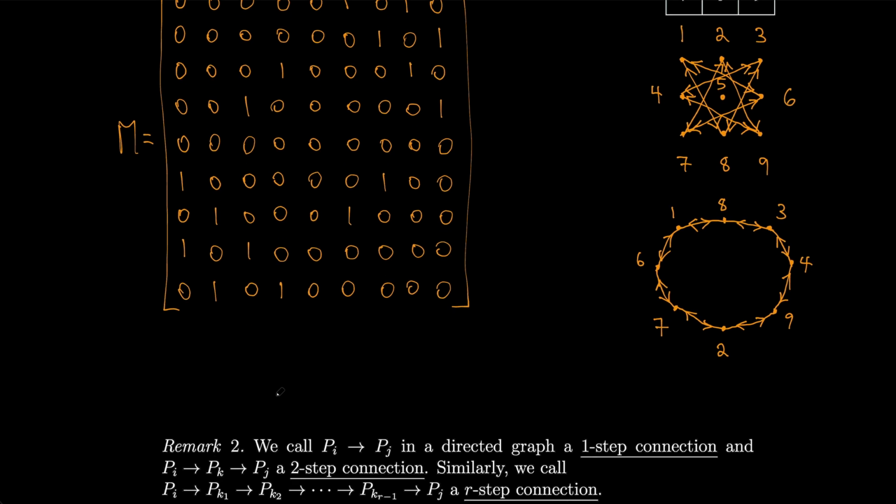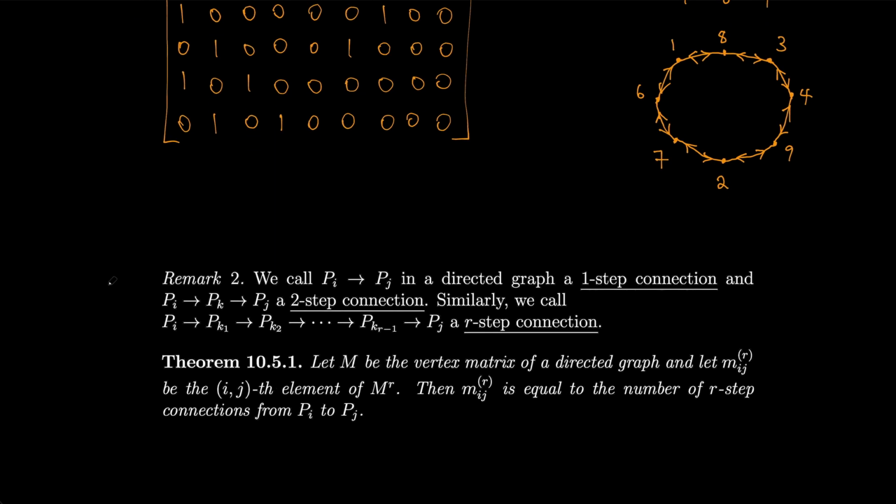Wonderful. We call PI to PJ in a directed graph a one-step connection, and PI to PK to PJ a two-step connection. Similarly, we call PI to PK1, PK2, etc. an R-step connection. So in our graph, you can see that this thing goes over here, which then goes over there, which then goes over there.